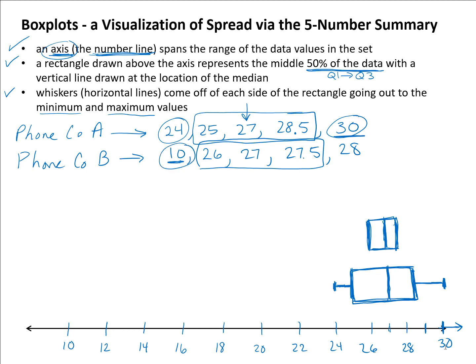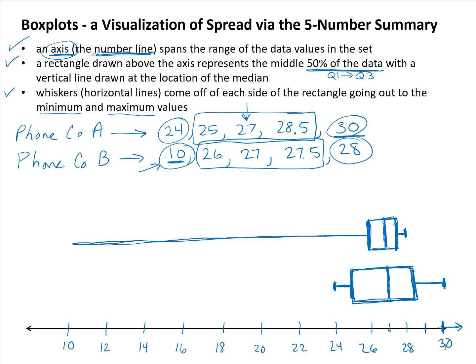Now we'll go out to the minimum and the maximum. The maximum just goes up to 28, so it doesn't go out very high. So we still have a very tightly packed data set. But here's where we get the interesting thing with the minimum. That minimum is 10, so we have a whisker that goes all the way out to 10.